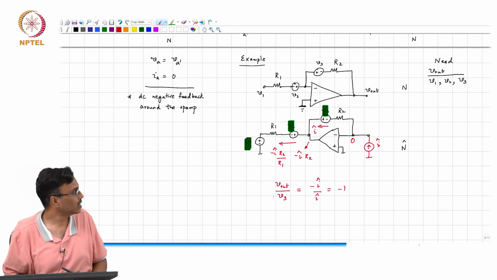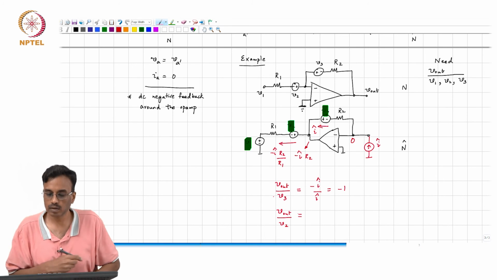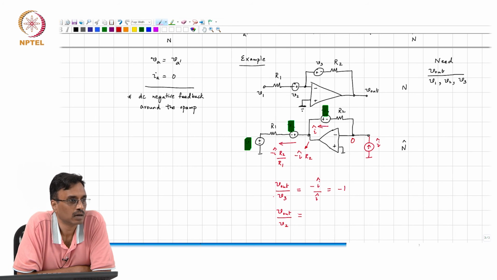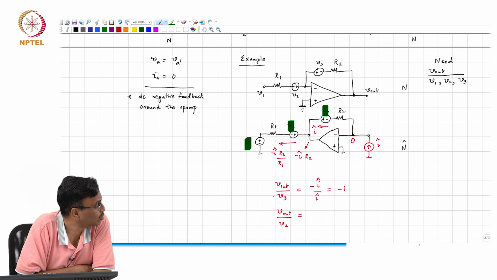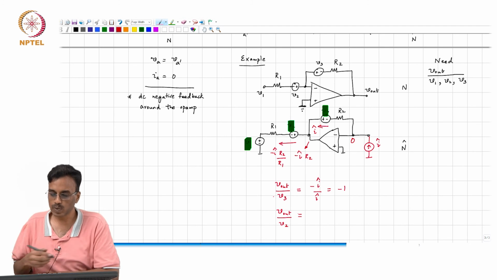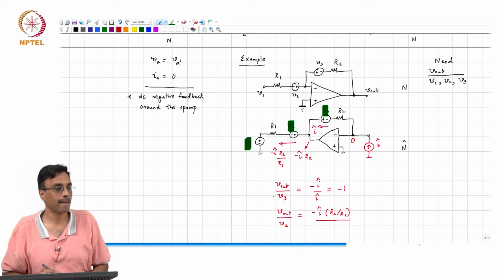Correct. And likewise, what comment can you make about V out by V2 in the original network? What is the output we are looking at? We need to find the current flowing through the positive terminal of V2 in the inter-reciprocal network, and that happens to be minus I hat times R2 by R1, divided by I hat.